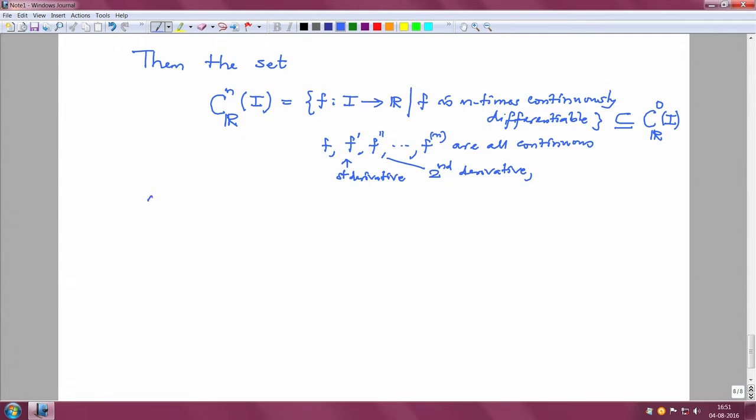The set is an R subspace of C^0(R, I), which is also a subspace of R power I. This is the ambient vector space and this is a subspace and this is a further subspace of that.